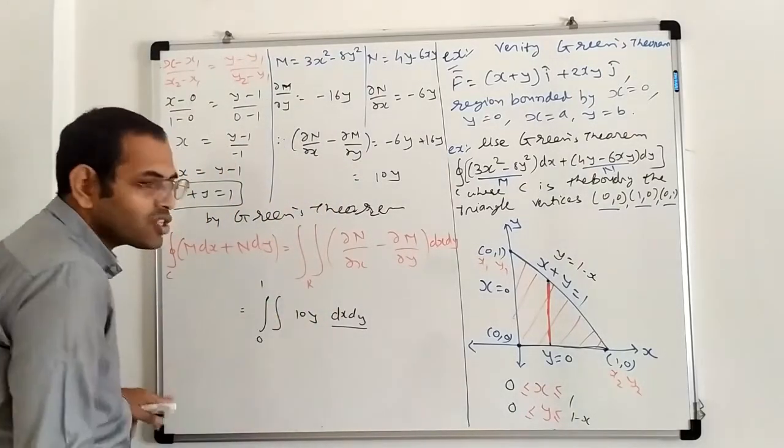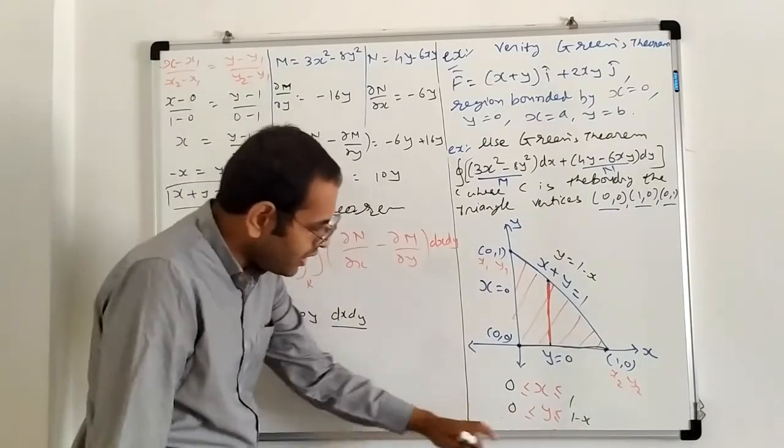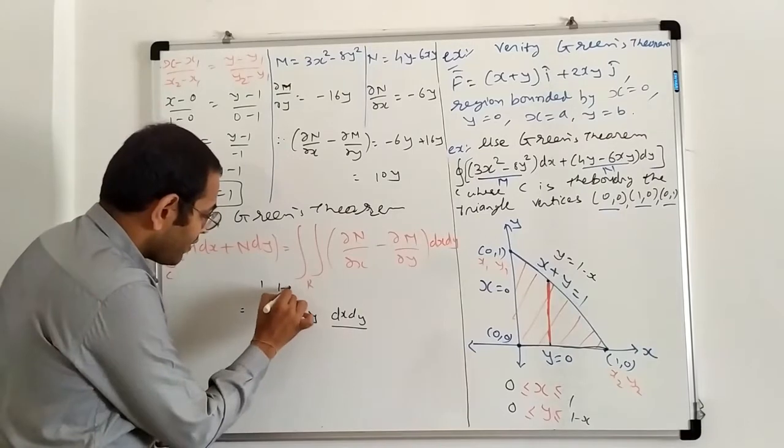The constant limit is always on the outer integral, and the inner integral has the limit of the variable.